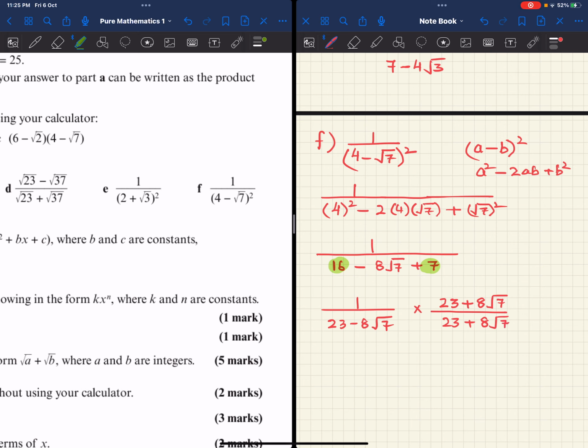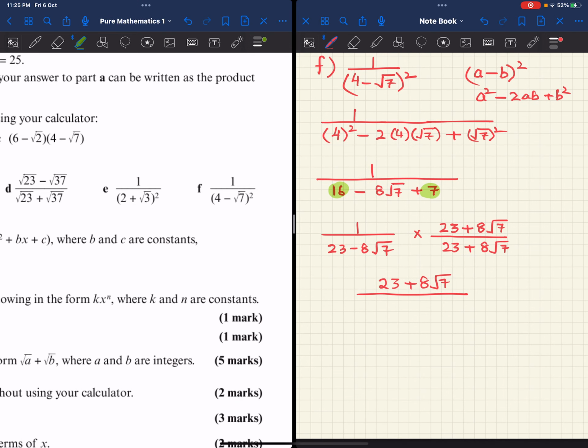The numerator is 1 into 23 plus 8 root 7, which remains as 23 plus 8 root 7. The denominator will be in the form of a minus b into a plus b. So that is 23 squared minus 8 root 7 the whole squared. So we have 23 plus 8 root 7 divided by square of 23 is 529 minus square of 8 is 64, and square root 7 squared will give us 7.